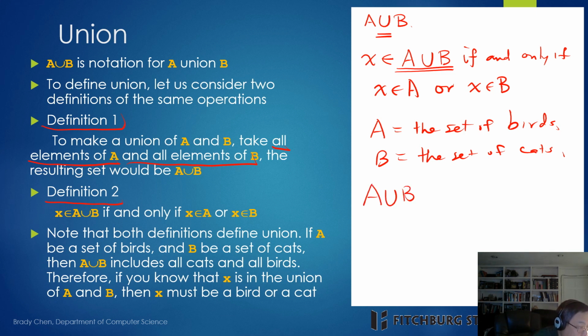So based on definition 1, A union B is the set of birds or cats, right? So that's the definition of union. That's the example of how we can actually combine two sets together and create the union of these two sets. Okay.